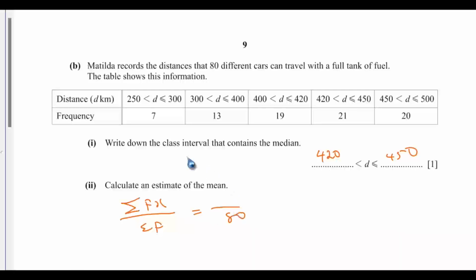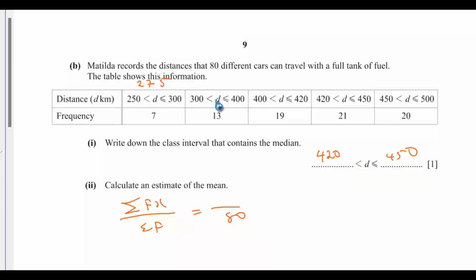So we need to find this summation fx. We already have the f here, so we need to get the value of the x. The value of the x will be the average of each of these intervals. So 250 add 300 divided by 2, you get 275.